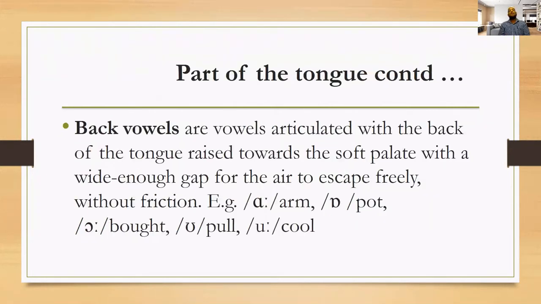Second is back vowels. Back vowels are vowels articulated with the back of the tongue raised towards the soft palate with a wide enough gap for the air to escape freely without friction.